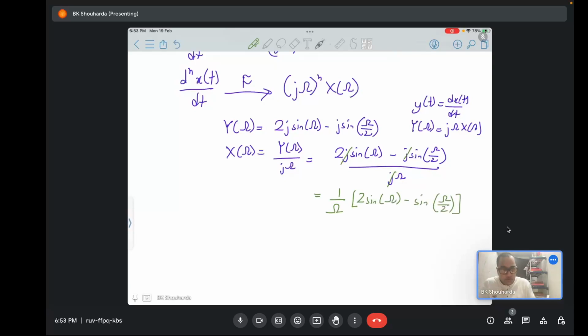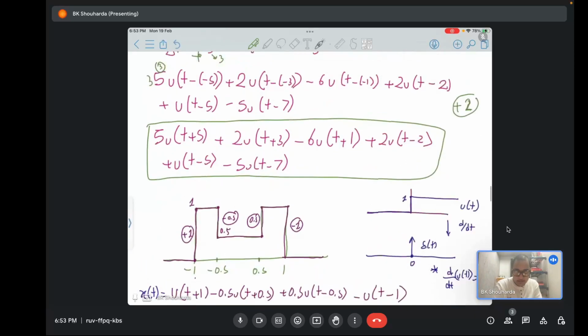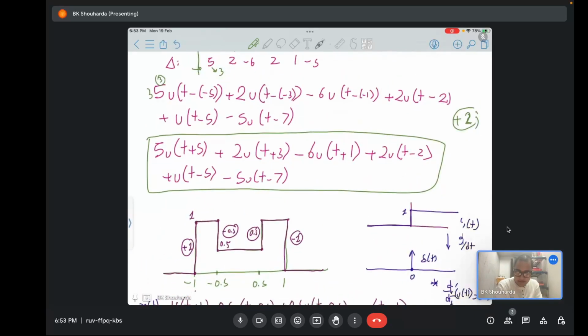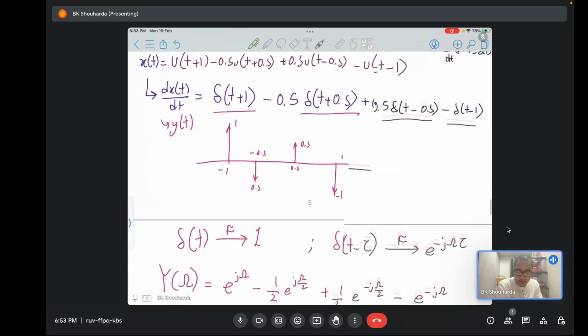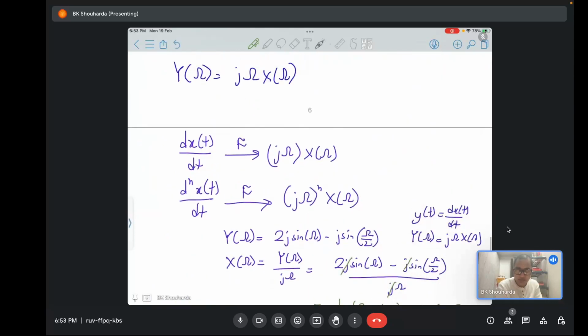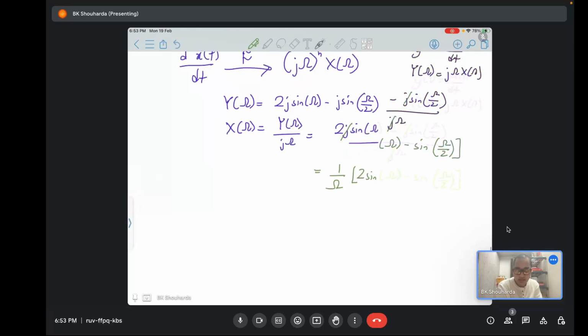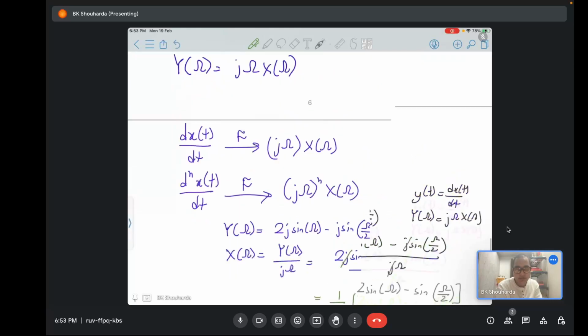So you see, I have used a completely different approach where I write the signal in terms of unit step, then differentiate it, and then directly apply the j omega differentiation property to reach the answer. Because I understood the property of the signal, I was able to reach the answer much more simply.